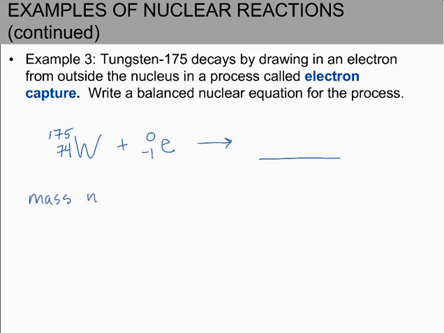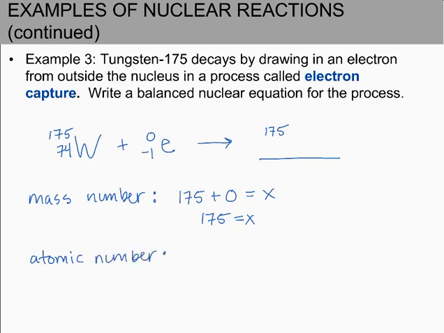So the mass number of our new atom is 175 plus 0, so that's just 175. Super easy. Okay, and then the atomic number. That's going to be 74 plus -1. So 74 minus 1 is 73.